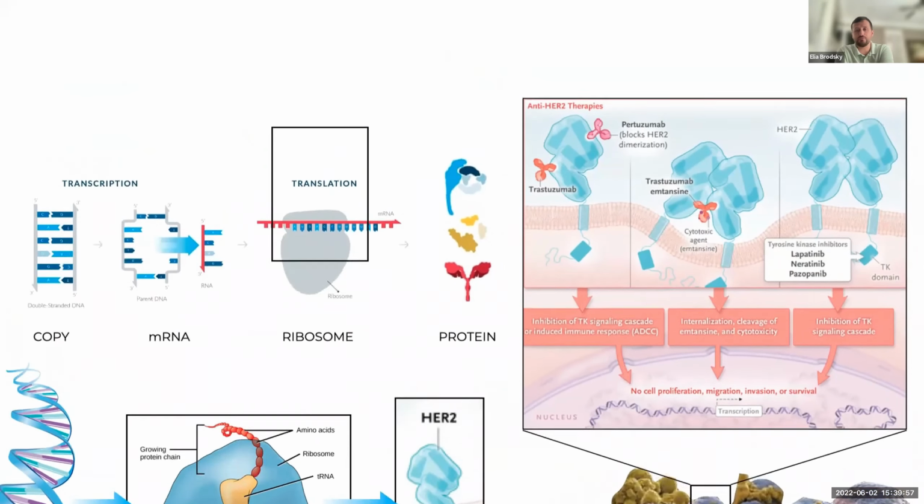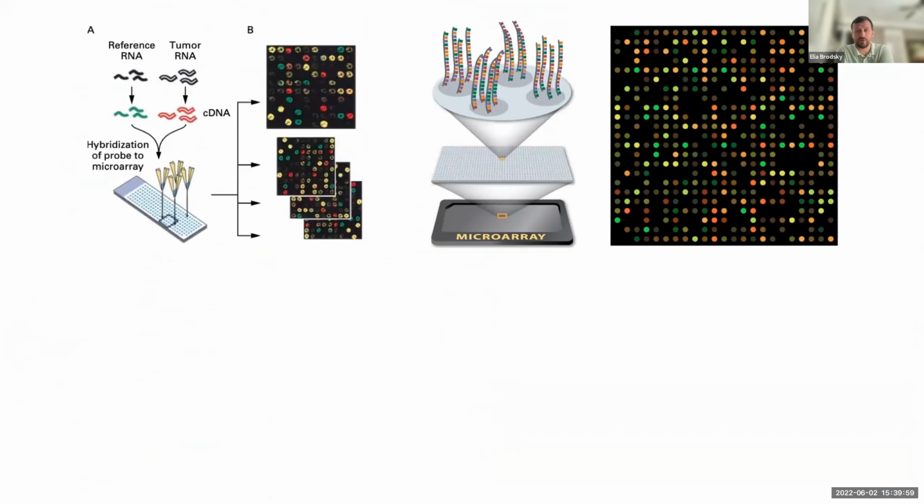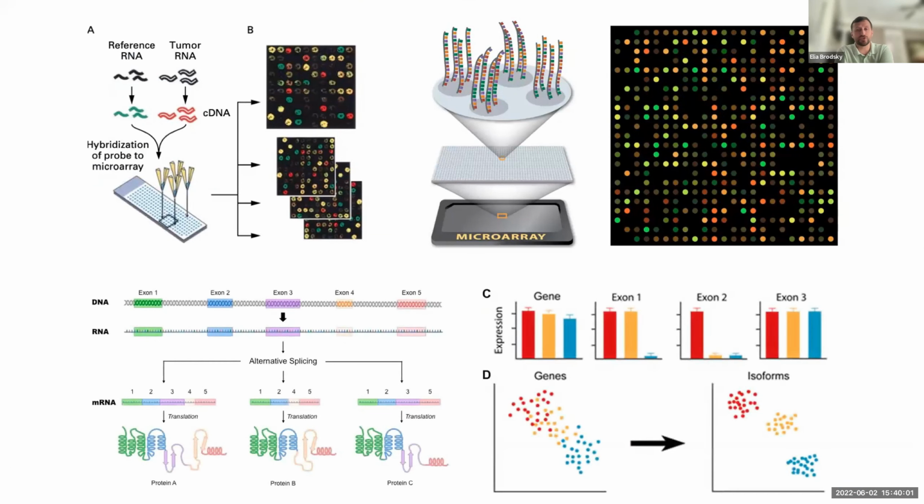Now, there are several different methods to measure and quantify RNA, but we will exclusively focus on next generation sequencing. And for next generation sequencing, there are several levels at which you can use that data to analyze what's going on. One of them is just to look at genes, and these are protein coding genes.